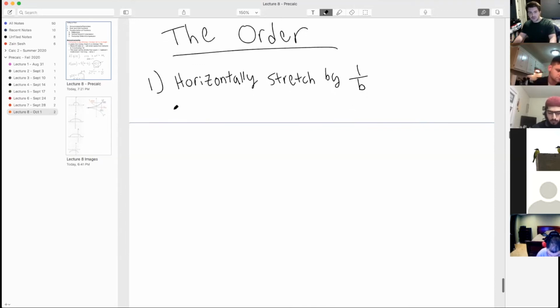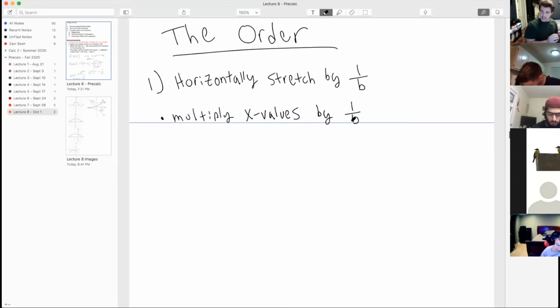I'm just going to write down what you need to do. Remember, you multiply your x values by 1 over b. That's the algebraic interpretation. That's the first thing you do when you're given a function with some transformations applied to it.